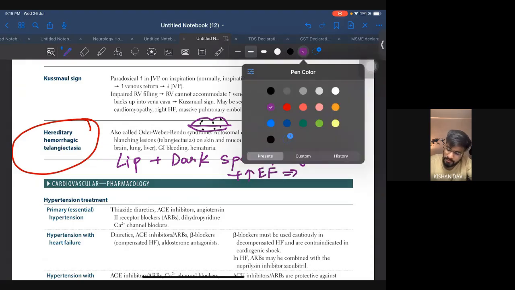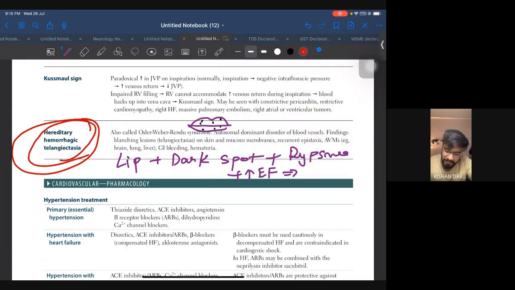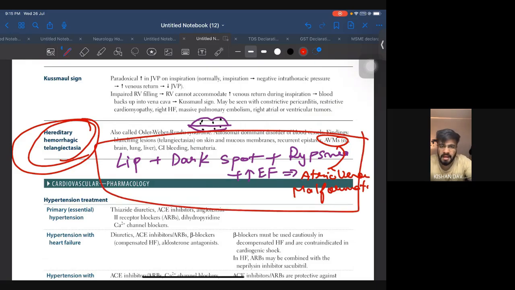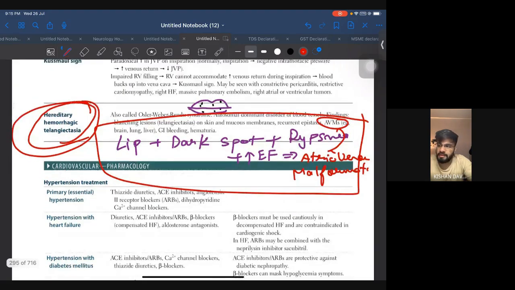Your answer will be hereditary hemorrhagic telangiectasia, and the most common answer they want is arteriovenous malformation. Write down this case. It doesn't come to mind easily. This is a very underrated question, but it has appeared in the exam. So I want you to remember this. That's all, we are done with the pathology.